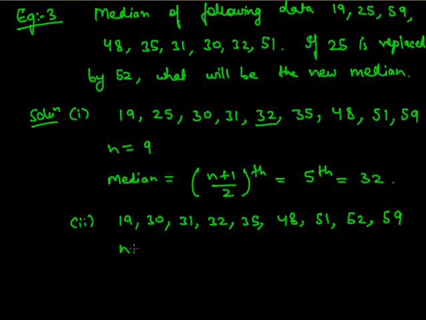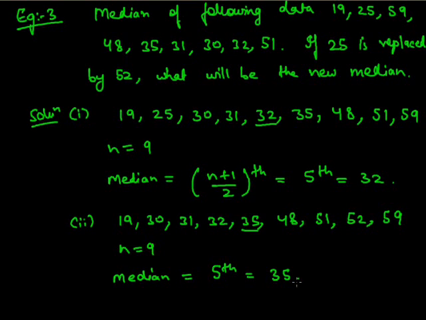Again the number of observations is 9, that is odd. So median will again be the (n plus 1) by 2 observation, that is 10 by 2, or the fifth observation. The fifth observation has changed. Our new fifth observation is 35 in the ascending order. So in this case the median will now become 35.